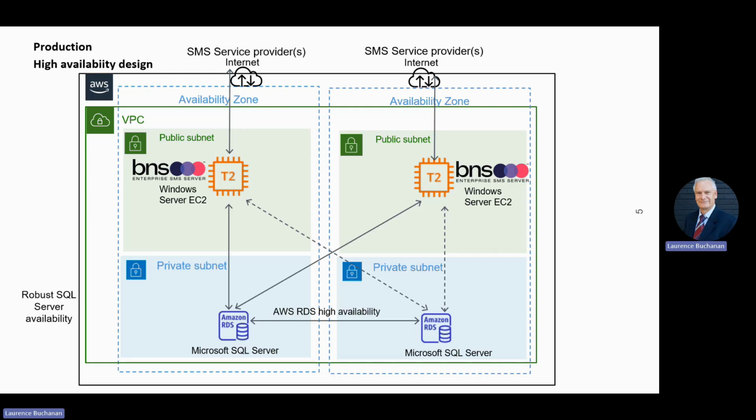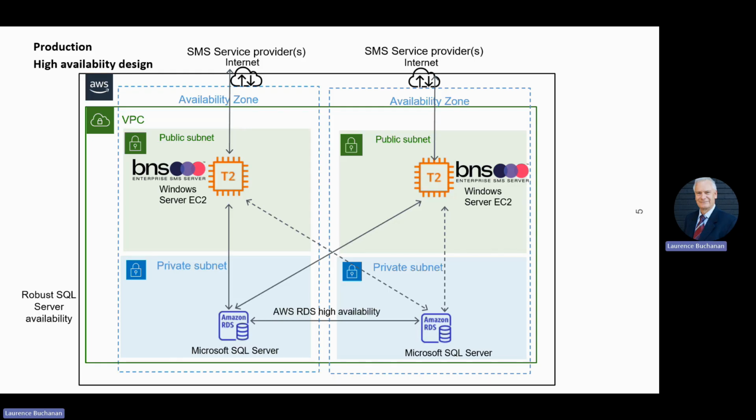We've got two Windows servers running on EC2, and AWS RDS in a high availability design. You'll notice that both of these servers are active. In the old architecture designs from yesteryear, production's on the left and DR's on the right, from a simplistic point of view.